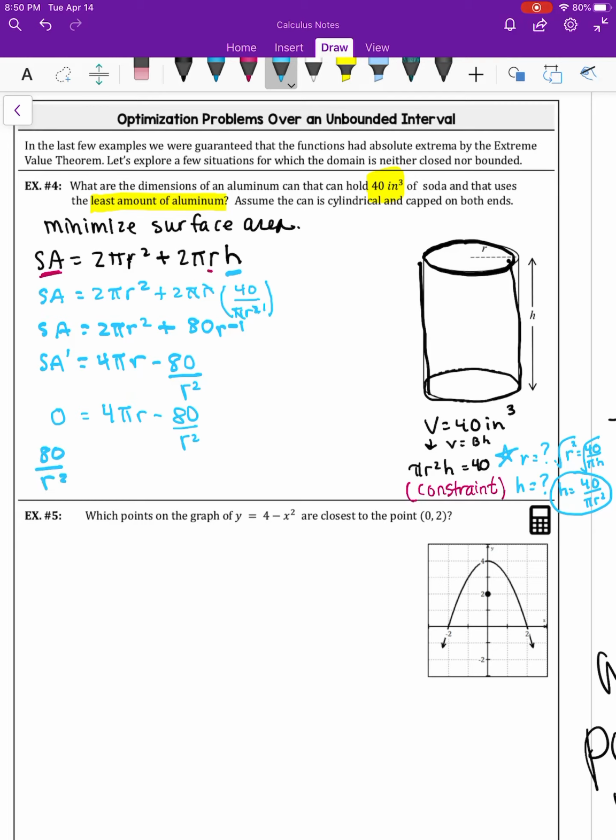And this is what we want to set equal to 0. Since it's negative, I'm going to add the negative 80 over r squared to both sides. Then I'm going to multiply by r squared on both sides, because I want to get rid of that denominator. So 80 equals 4 pi r cubed. Divide by 4 pi.